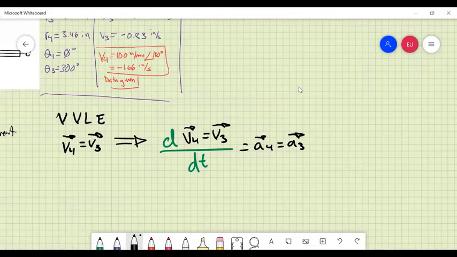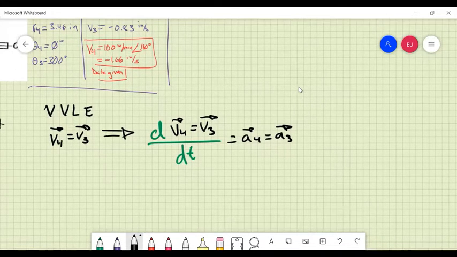Those two acceleration vectors, okay? All good? Okay. Let's see which type of vectors we have here.